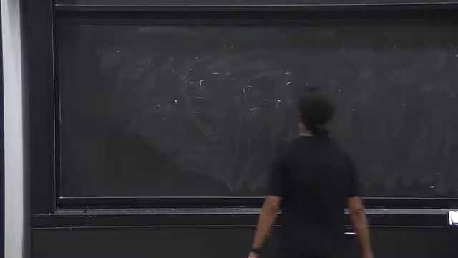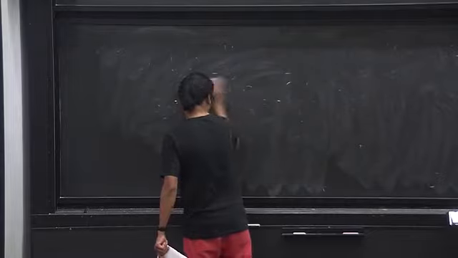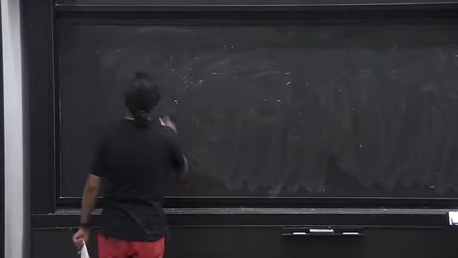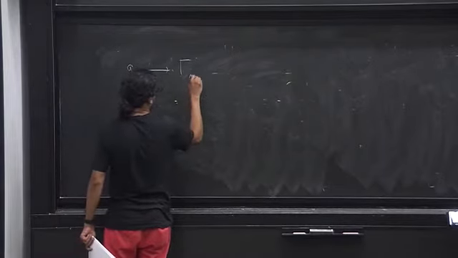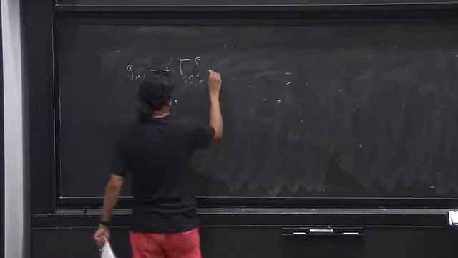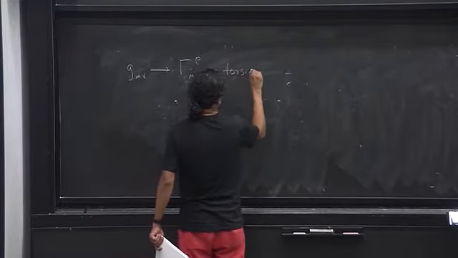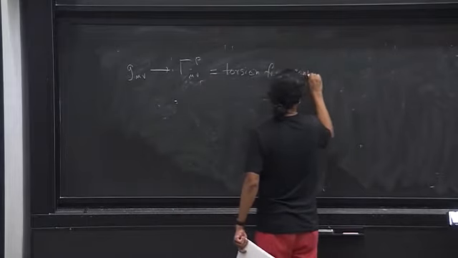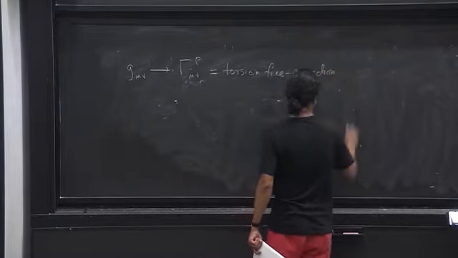So if I have g mu nu, it will give rise to some torsion-free connection. This is called the Levi-Civita connection.